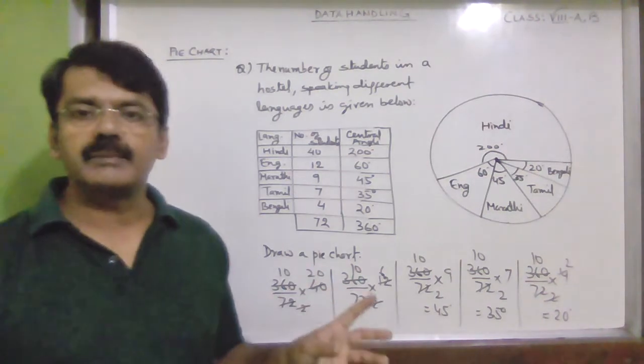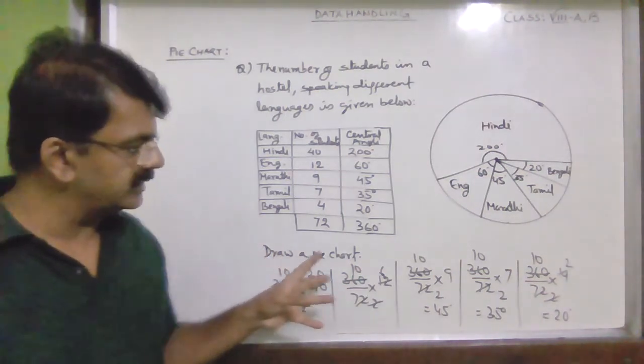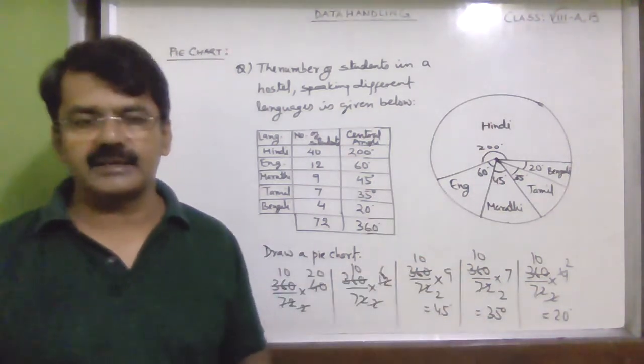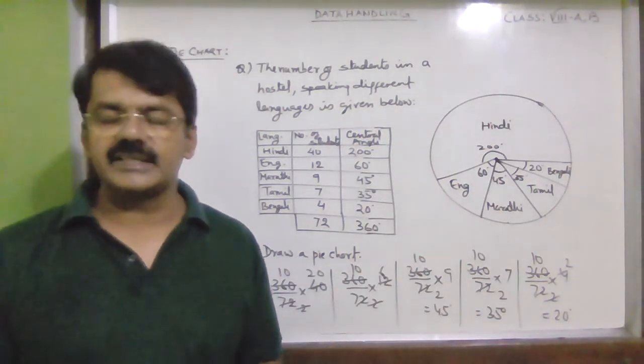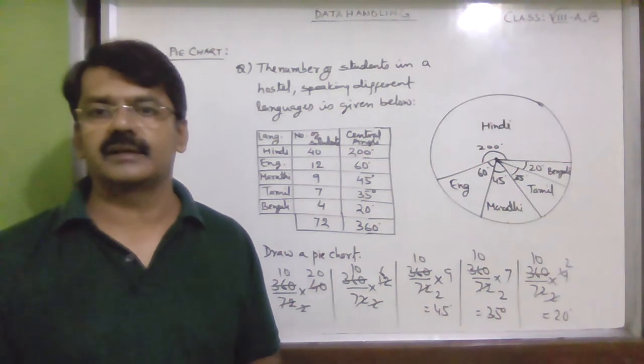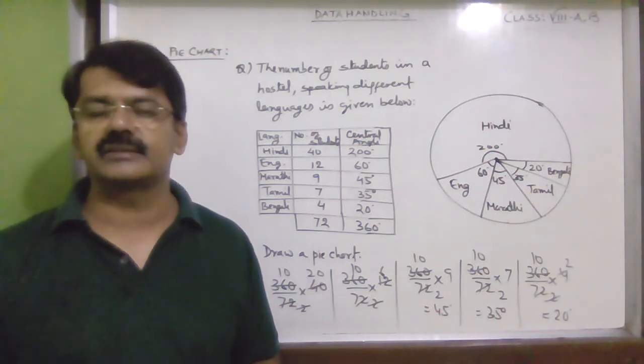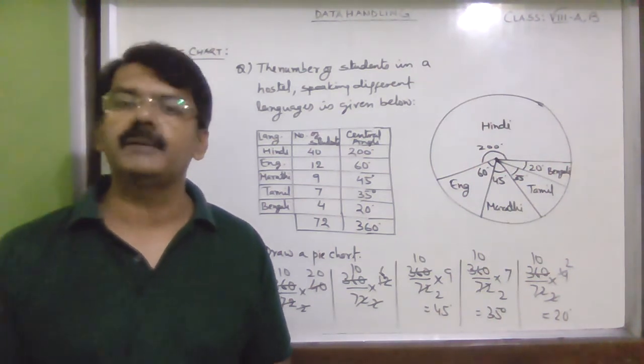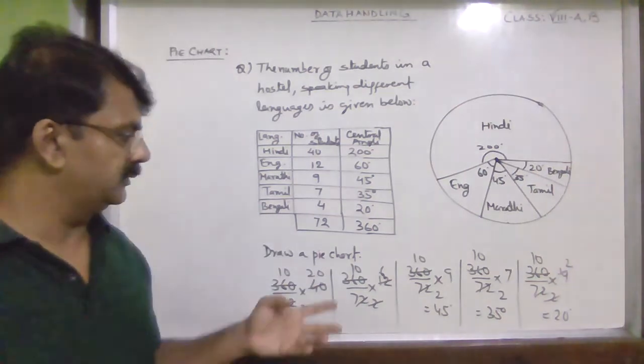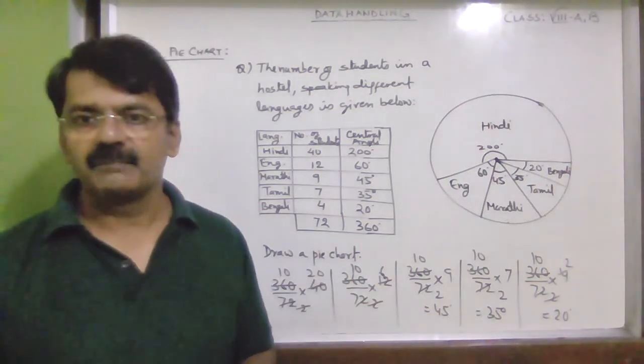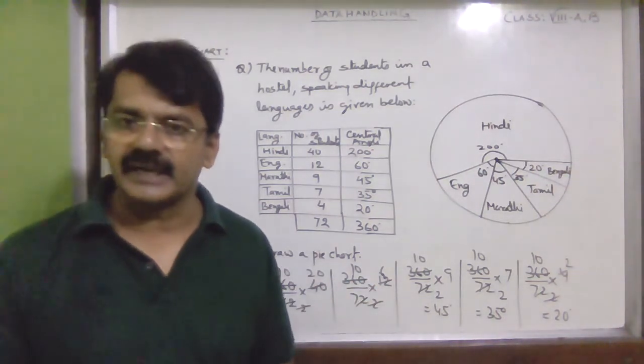Now in your examination you have to show this working, the central angle. Obviously if it is a multiple choice question paper, you don't have to show these workings, because only the answers will be checked.